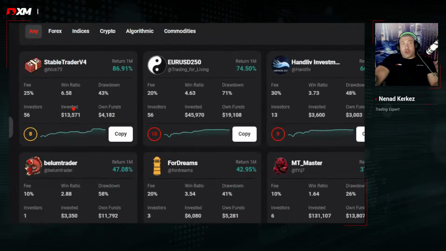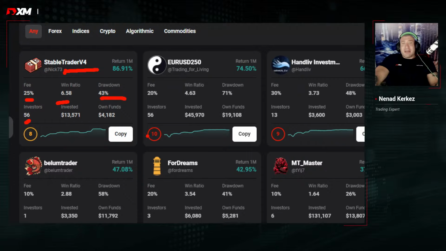So the fee to join, for example, Stable Trader V4, you need 25% fee. Win ratio is high, 6.5, 58%, drawdown is 43. There are 56 investors who invested 30,571, and a person who actually started this account put 4,182 euros dollars.